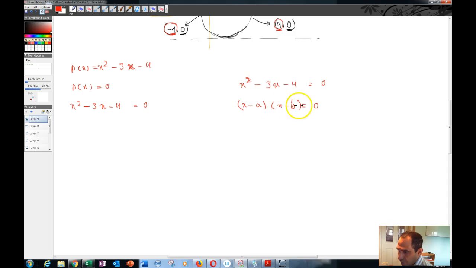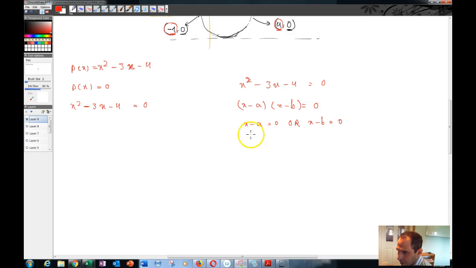And if x minus a times x minus b is equal to 0, then what that means is that either x minus a is equal to 0 or x minus b is equal to 0. Otherwise, their product could not be equal to 0.